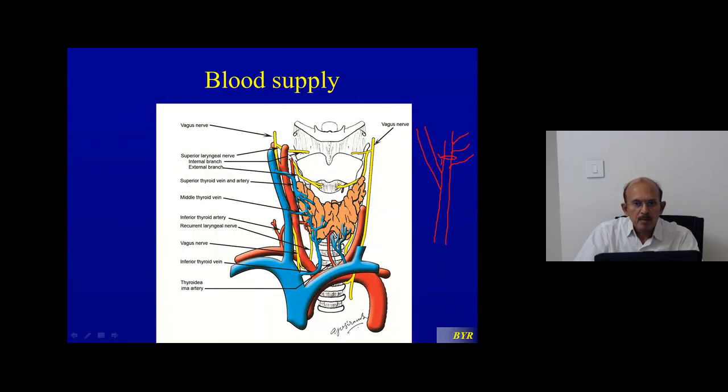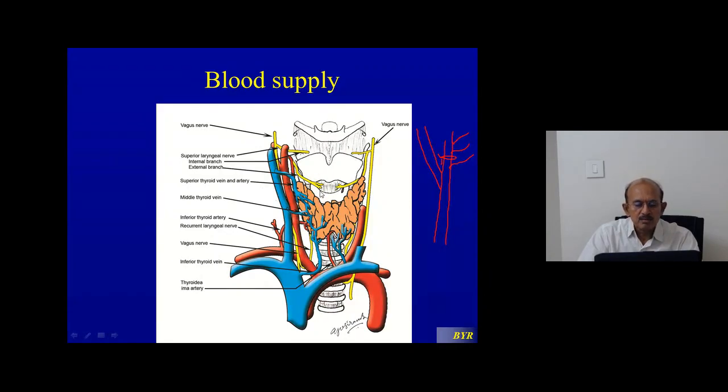It runs medial to the superior thyroid artery, lying between the artery and the thyroid cartilage and cricothyroid muscle here. It crosses the thyroid cartilage and then innervates the cricothyroid muscle, that means the muscle situated between the cricoid cartilage and the thyroid cartilage.